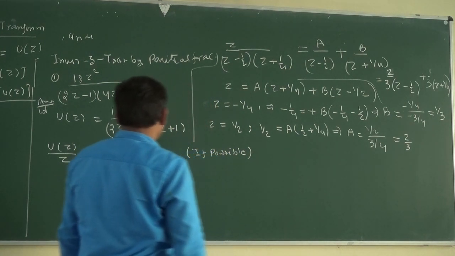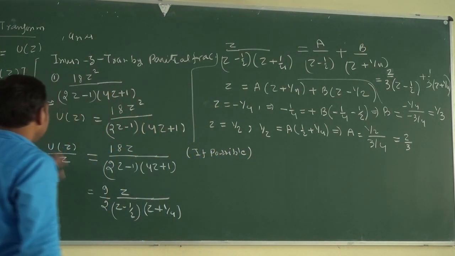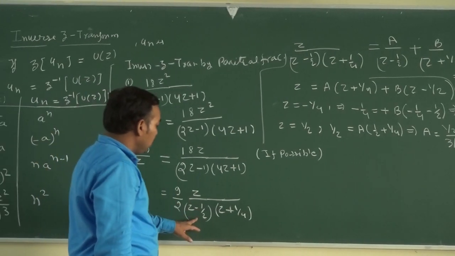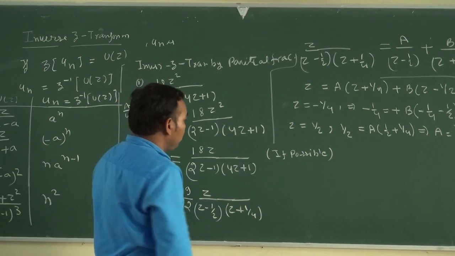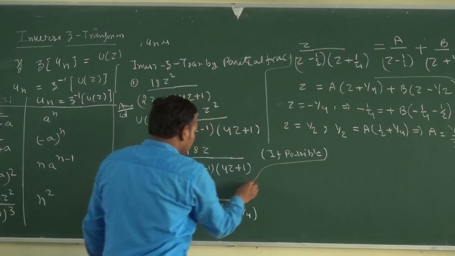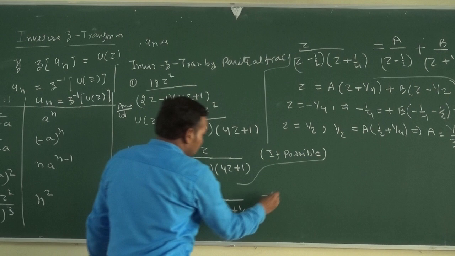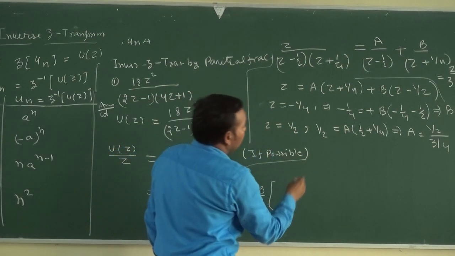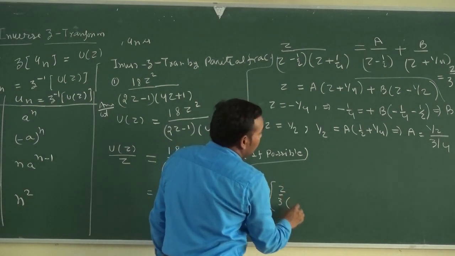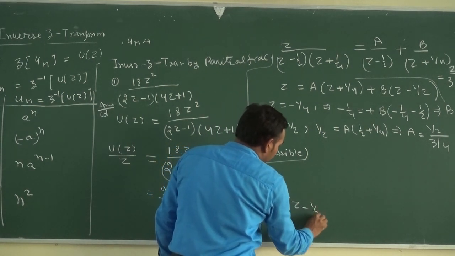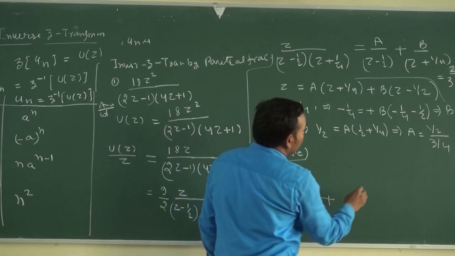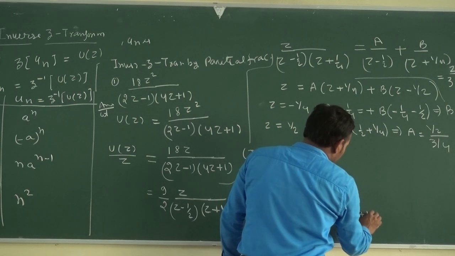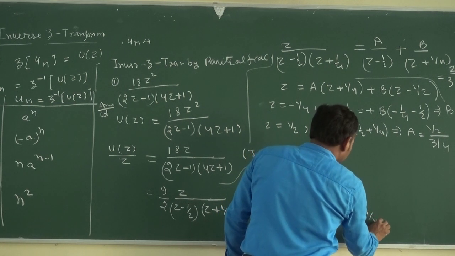So U(z) upon z equals 9 upon 2 times [2 upon 3 over (z minus half) plus 1 upon 3 over (z plus 1 upon 4)].